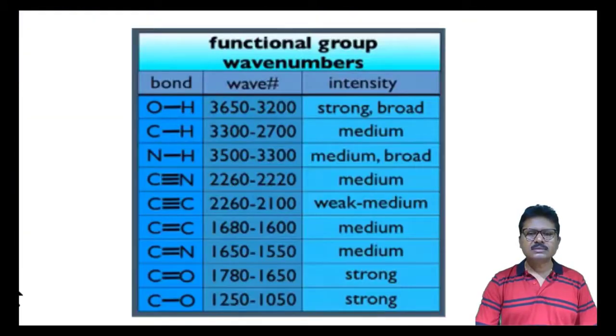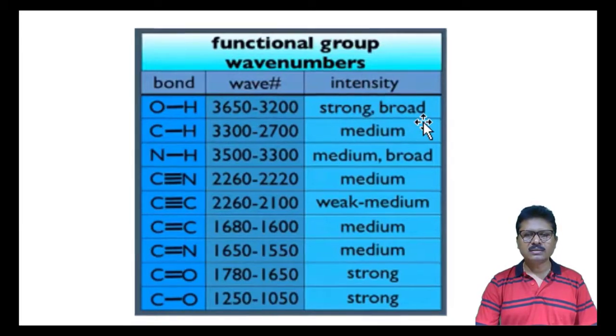Now this is the functional group with respect to their corresponding absorption band. Say for the OH group, the absorption band is 3200 wave number to 3650 wave number, and the intensity of the transmitted signal is strong and broad.